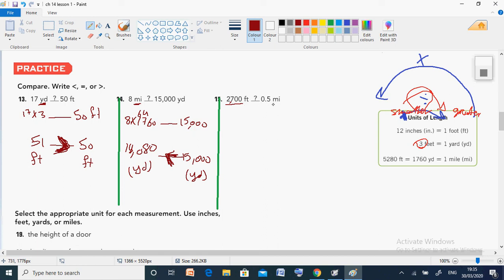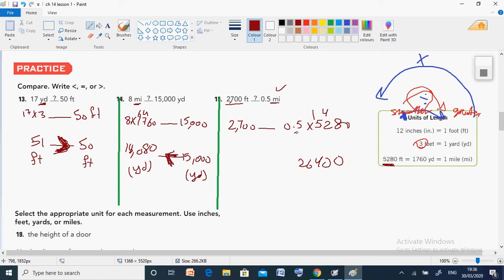2,700 feet or mile. I will convert mile, I will choose the greater because it's better. So I can say 2,700 or 0.5 times 5,280. So I will say 5 times 0, 0. 5 times 8, 40. 5 times 2, 10, with 4, 14. 5 times 5, 25, with 1, 26.